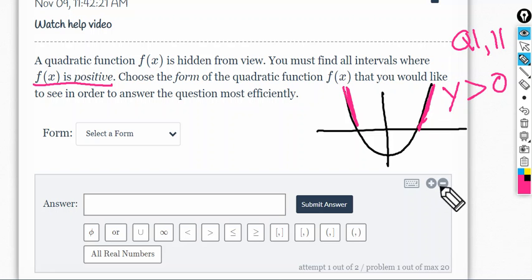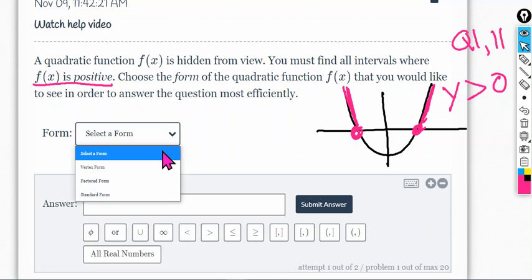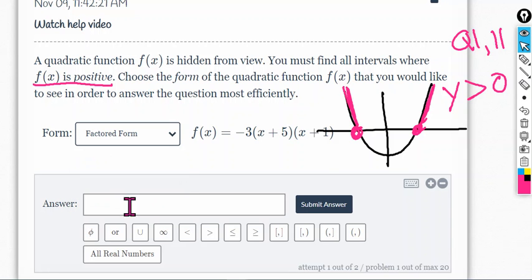Where f of x is positive is an old question. But notice what points separate it. The roots. The roots are the thing that separate the positives and negatives. So if I want to find the roots, I pick the factored form.